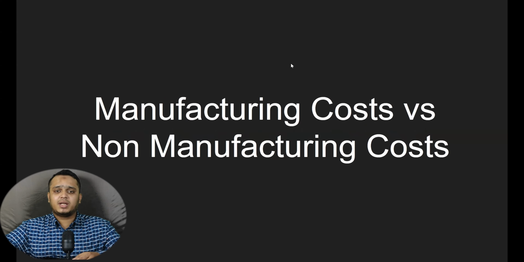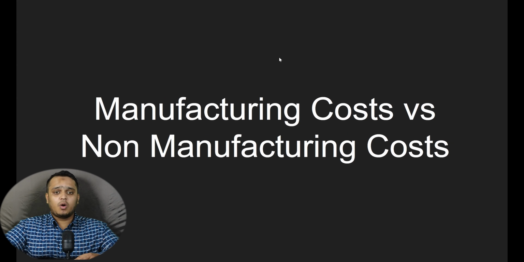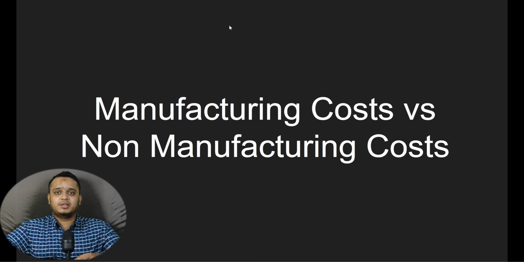Then comes manufacturing cost versus non-manufacturing cost. What all things come under manufacturing cost? Manufacturing will be all the costs which are related towards the manufacturing of the product. The direct material, direct labor, direct overhead, all these things will come under the manufacturing cost.